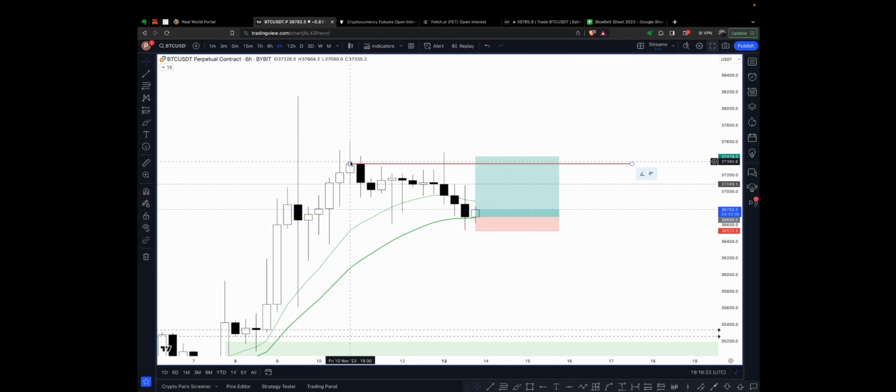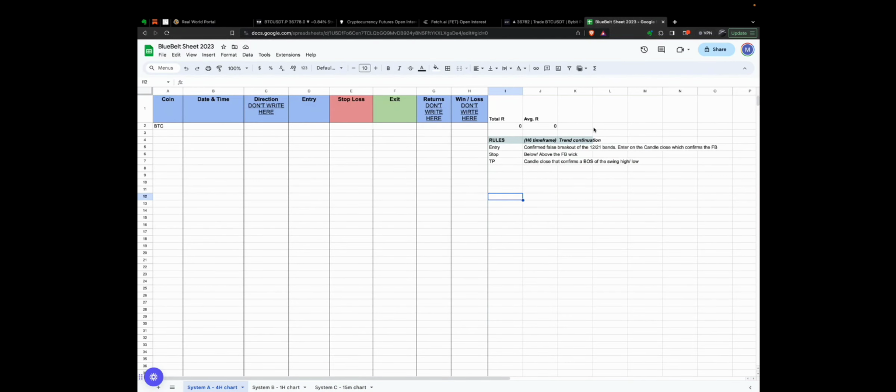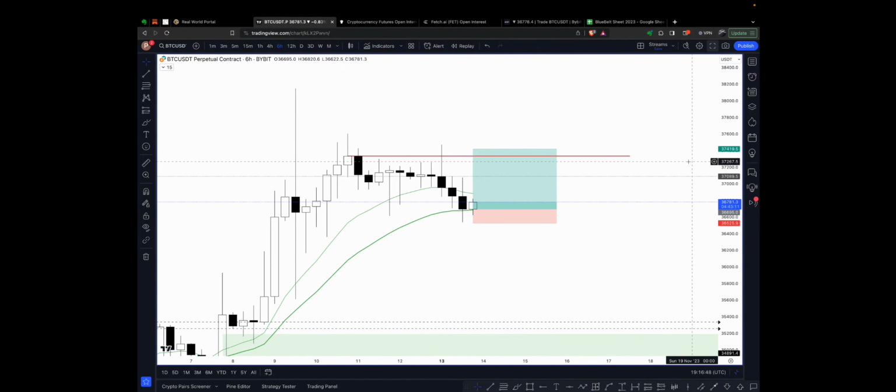There's the swing high, as denoted by candle closes. And this one, many of you will have a system like this, this does not have a fixed exit. So the take profit is not set. I can't put a take profit order on the system because there has to be a candle close that confirms the break of structure. So for that, I will set an alert.